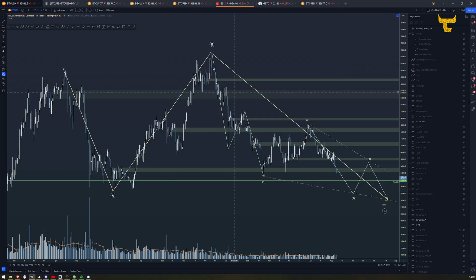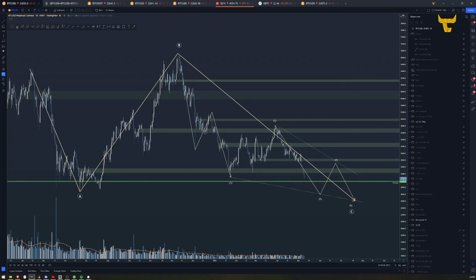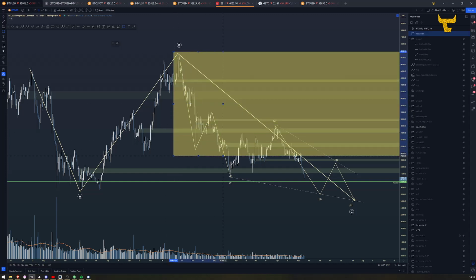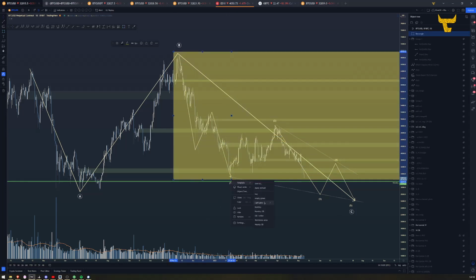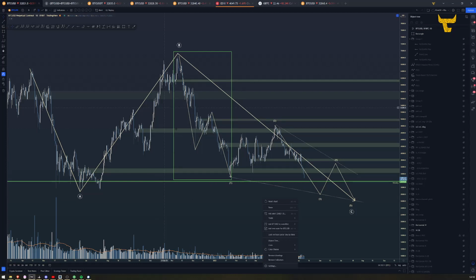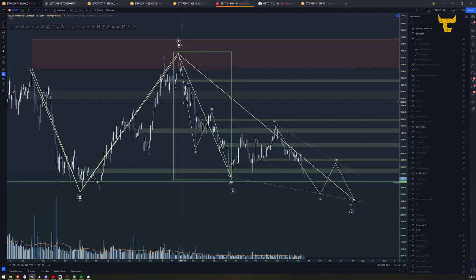We could still be in that ending diagonal idea, and in that case we'll be looking at something like an ABC, most likely, knowing that it could be 1, 2, 3, 4, 5 as well, because this part here works well as a zigzag, but based on other counts it can also be 5 waves, or a flat, for example, here 1, 2, 3, 4, 5.